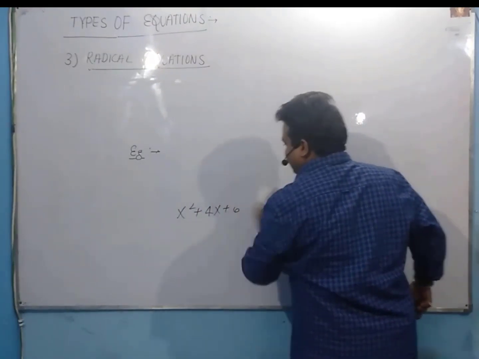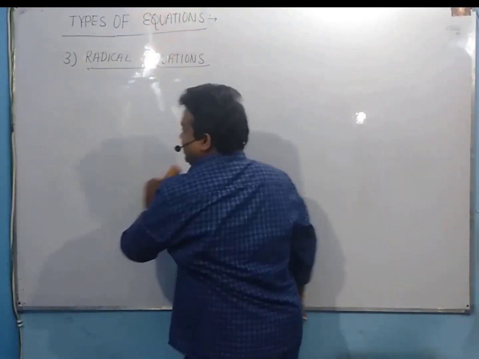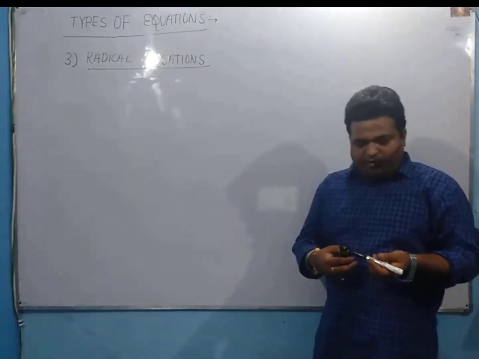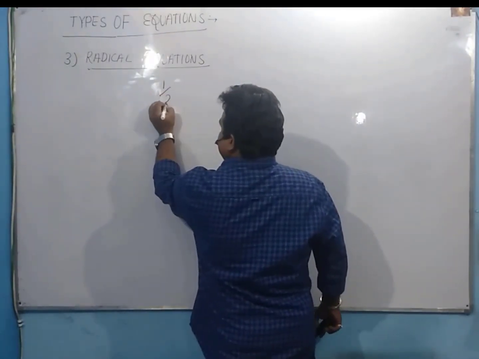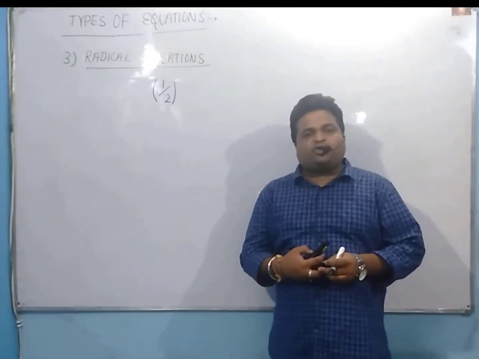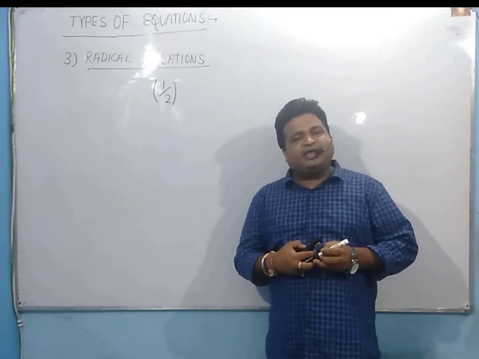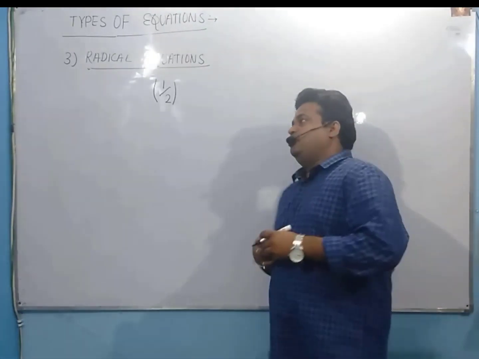So a radical equation is an equation where the maximum power of x could be 1 by 2. I again repeat, these are equations whose maximum exponent on the variable is 1 by 2 and have more than one term.